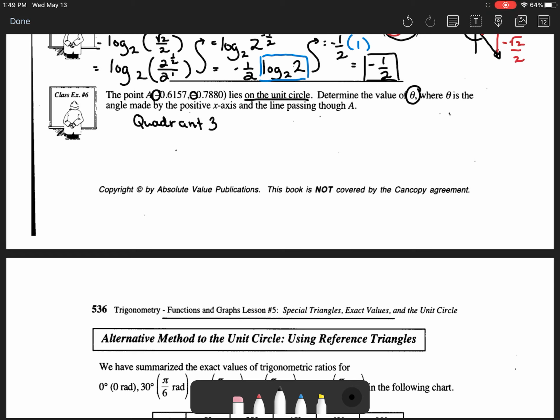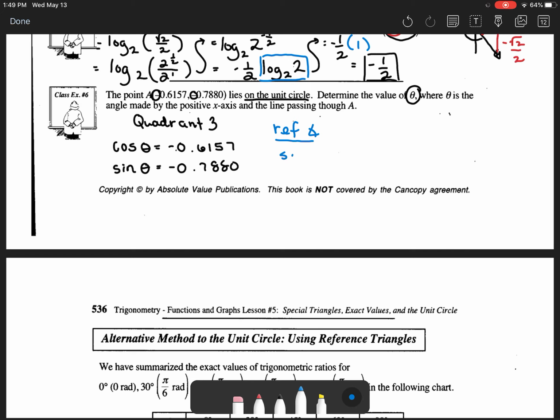And because it's on the unit circle, I know the x is your cosine. So cosine of your theta will equal the x value, negative 0.6157. And I know the y dimension is sine because it's on the unit circle. So sine would be the negative 0.7880. So what you can do, using either the sine or the cosine value, it doesn't matter, is find the reference angle.